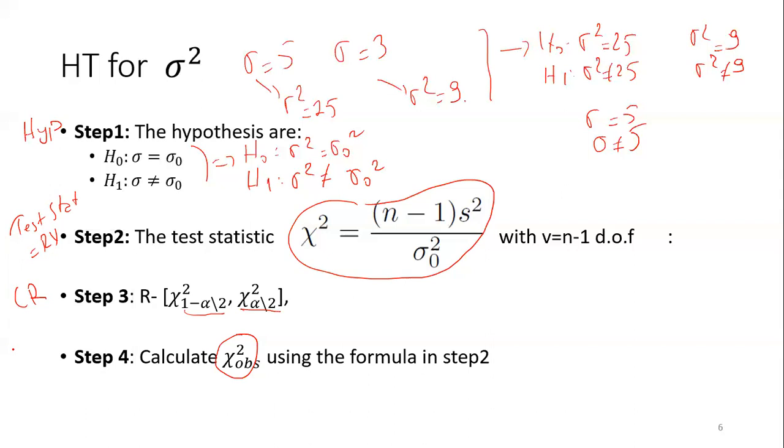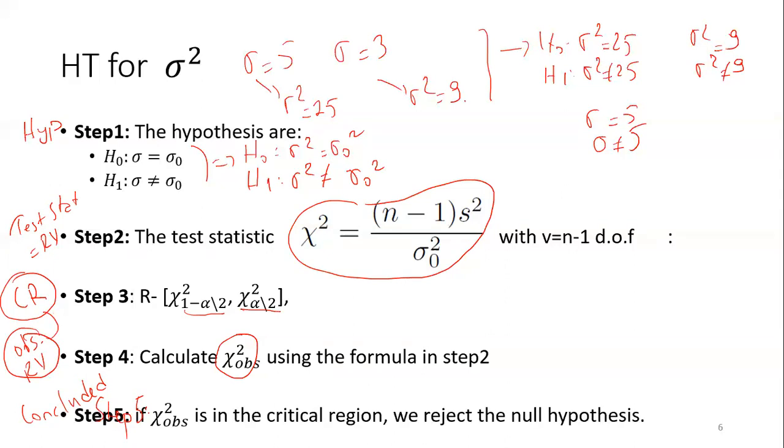Step 4 is your observed random variable. And step 5 is to conclude. Once you have calculated the critical region and the observed value, compare them to find whether you reject the null hypothesis or not.